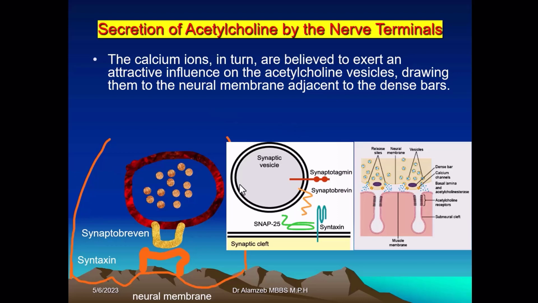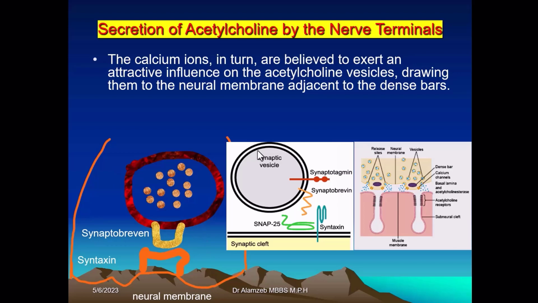Here we have the vesicle, and here the axonal membrane, the nerve membrane, which makes the neuromuscular junction.